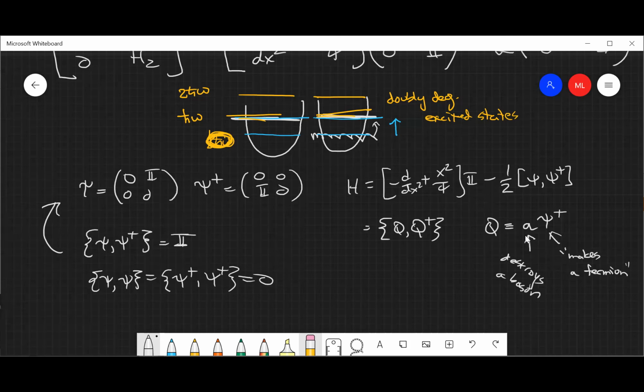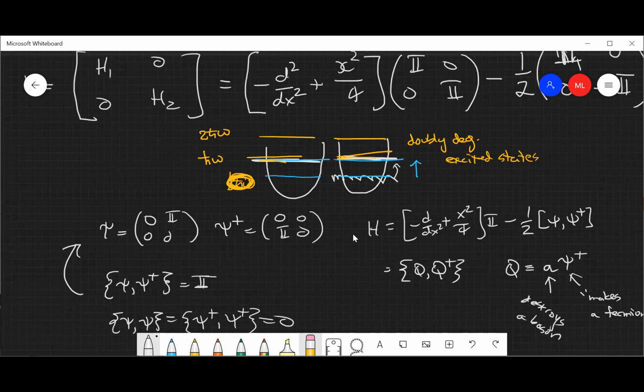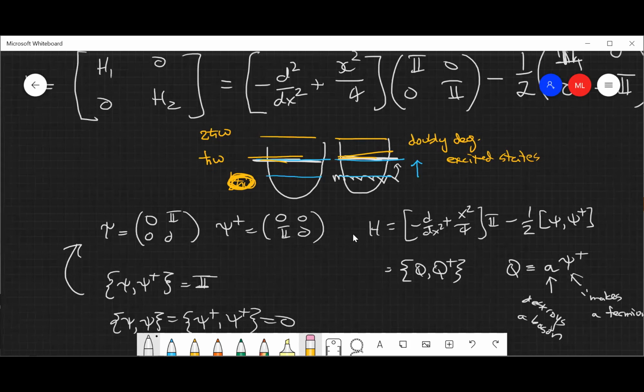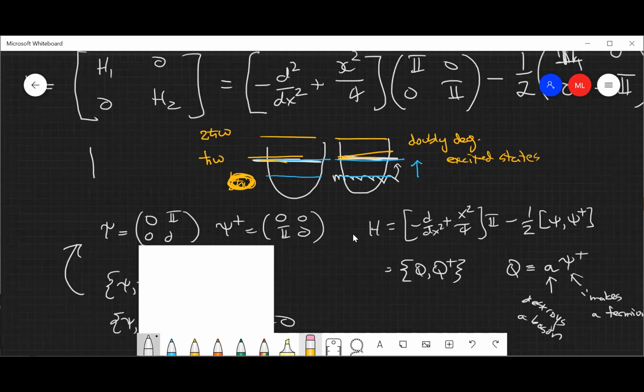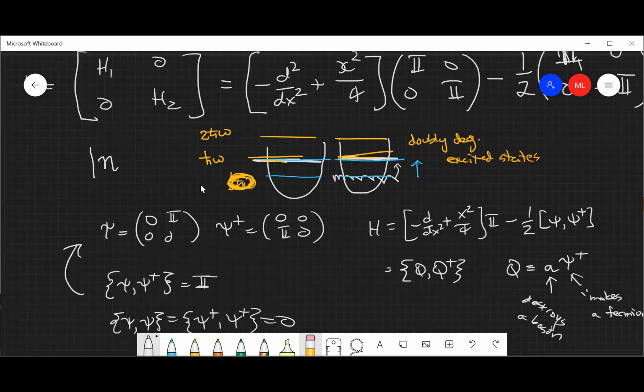And what do I mean by that in terms of the harmonic oscillator? So look at these states. What are these states? Well, I can label them as follows. I could specify the energy level that we're at.